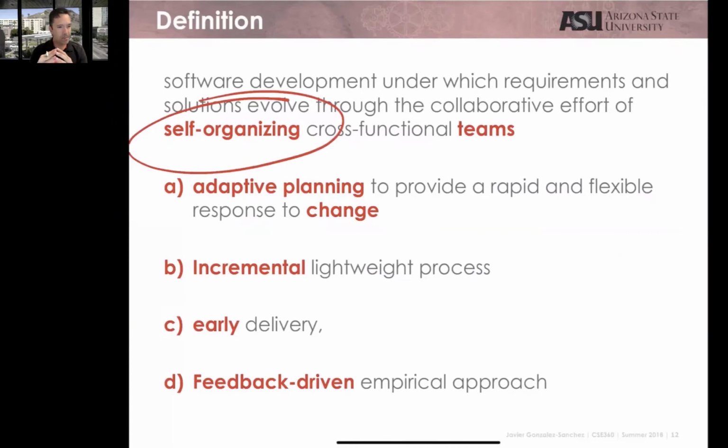You are a group of people doing a software project, and we, customers, stakeholders, we trust in you to be able to organize yourselves. This is not about having a boss and the boss telling you what to do. This is about you as a team being able to work together and accomplish the project.